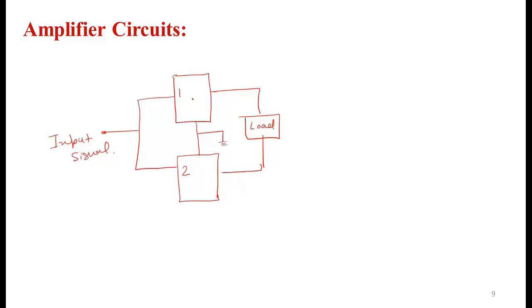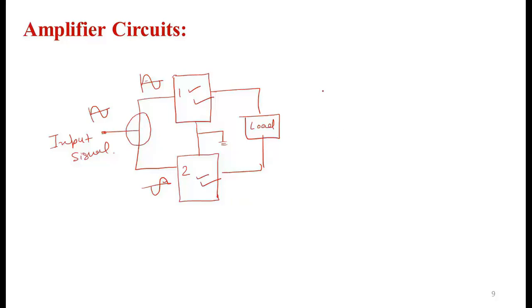If these two circuits are using the same type of transistor, then there should be some phase splitter circuit at this point. It means if we are giving this input signal to the input, then we should have this signal at the input of the first part, and this signal at the input of the second part, so that in the positive cycle this circuit may work, and in the second cycle this circuit may work. So we should have one phase splitter circuit at this point.